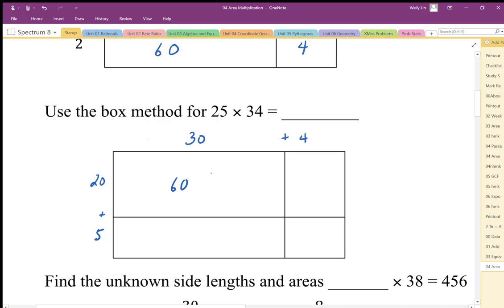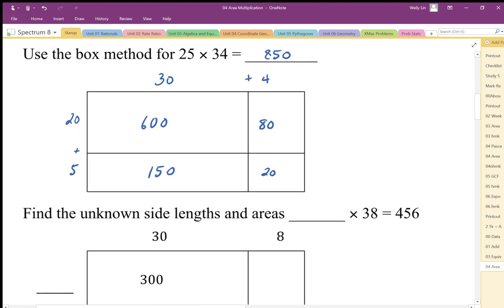So we get 600, here is 80, 5 times 30 works out to be 150, 5 times 4 is 20. So adding this all up, we're going to get 850, okay, when we work that out. Okay, so this is a great way to work out area.